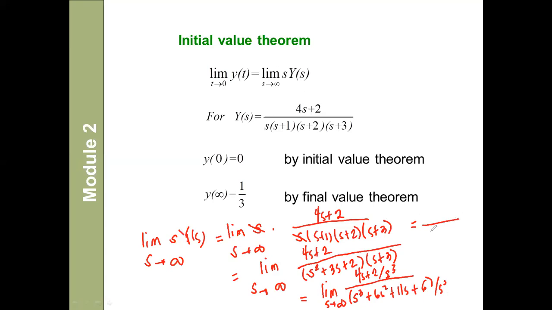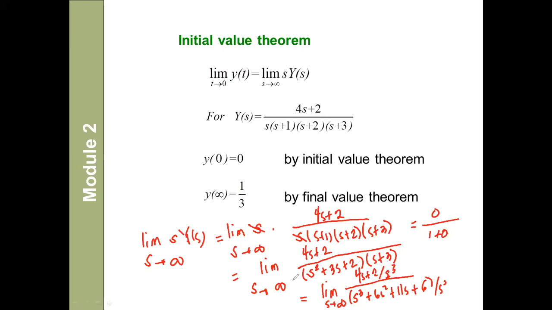And the rest of this expression, which will be divided by s cubed, once s is infinity would be a 0. So I'll just place here 0 because anything divided by infinity will be a 0. In your numerator, you will have 0 also. So 4 over s squared plus 2 over s cubed would be 0 for both terms.